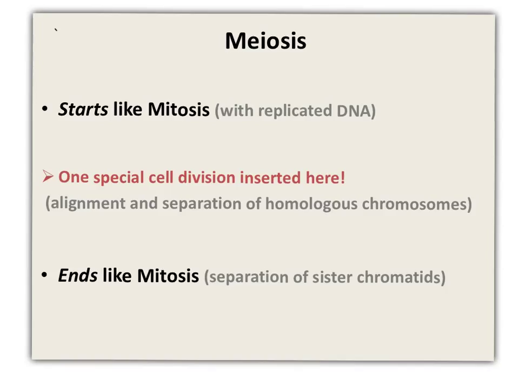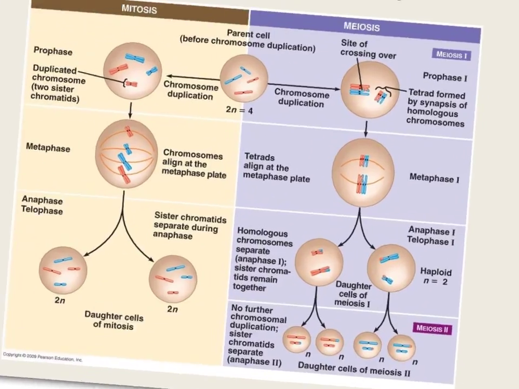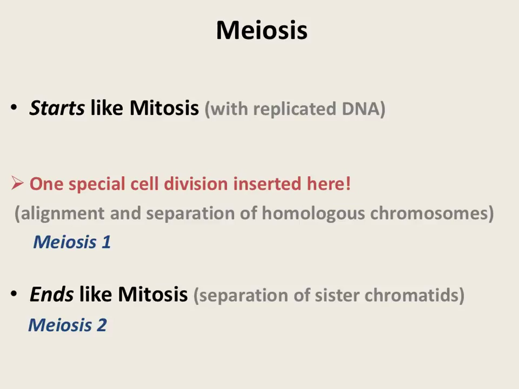And then in meiosis 2, we end up with haploid cells. Okay. And it's like mitosis 2, and then you have meiosis 2, which gives you the final haploid cells.